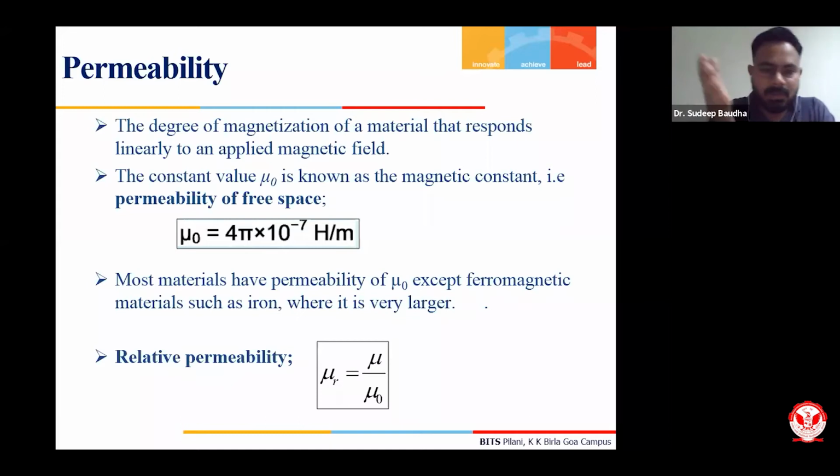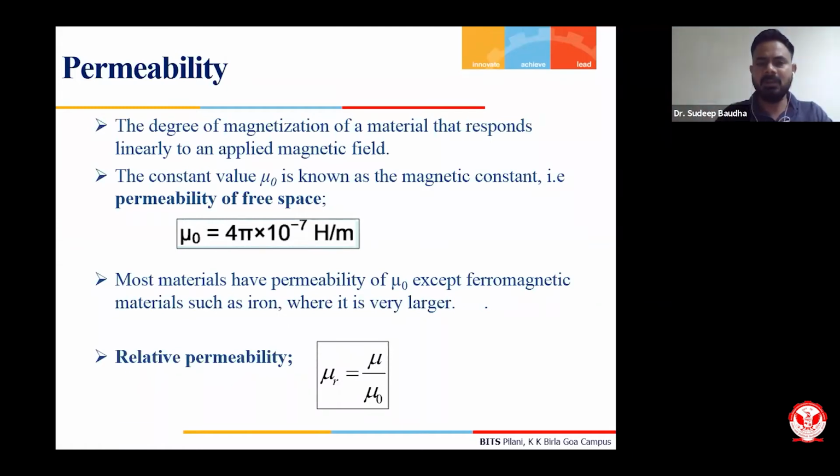The value of permeability in free space, or vacuum, is mu naught, which is 4 pi into 10 to the power minus 7 Henry per meter. This is the lowest possible permeability of a material, and this is of free space. Many materials have permeability of mu naught, except for ferromagnetic materials such as iron, where it is very large.